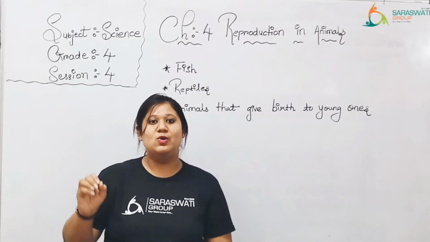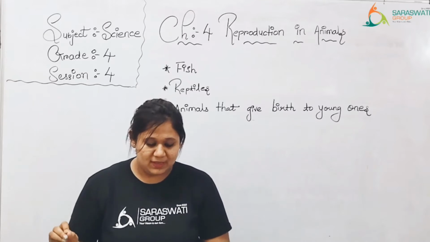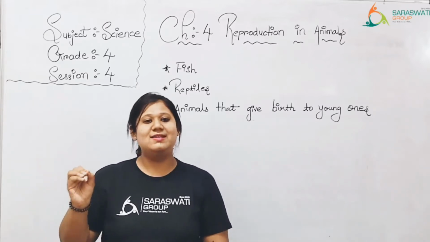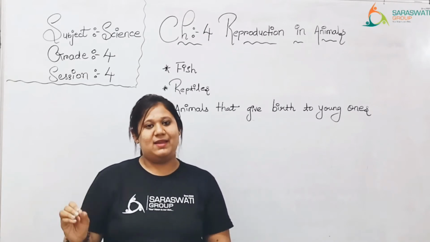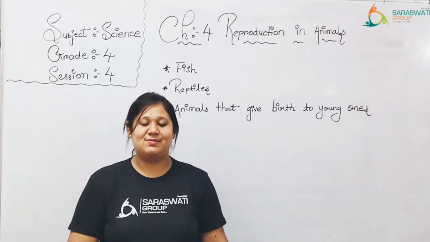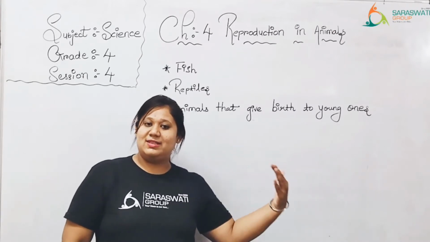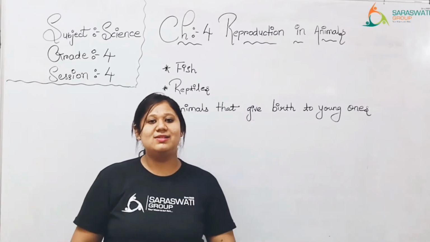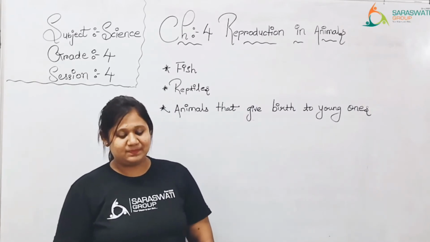About lifespan: the period of time for which a living organism lives is called its lifespan, right? एक lifespan होता है, इसमें कोई भी living organism रहता है from the time of birth till they die. That time period is called lifespan. Clear?